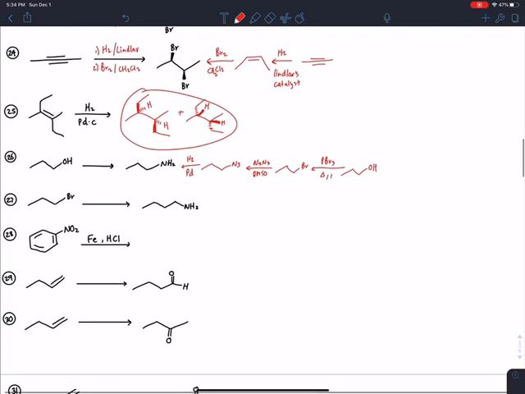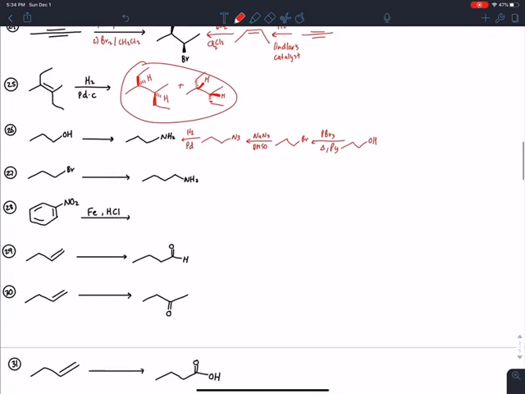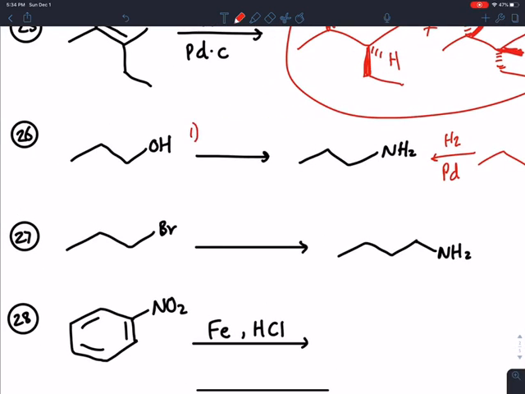I think there was also pyridine. So if you want to put it all together, you just go 1, 2, and 3. So you go step 1, I do PBr3 over pyridine and heat. Step 2, I go NaN3 over DMSO or DMF, whatever. And step 3 is H2 over Pt or Pd.